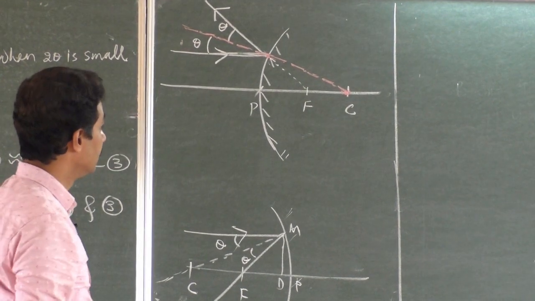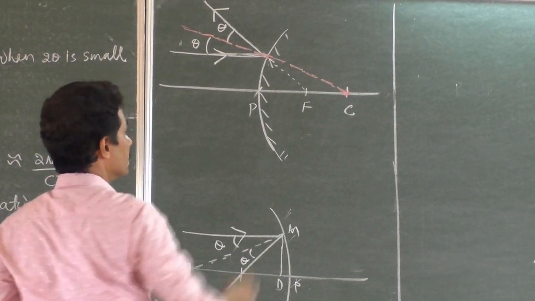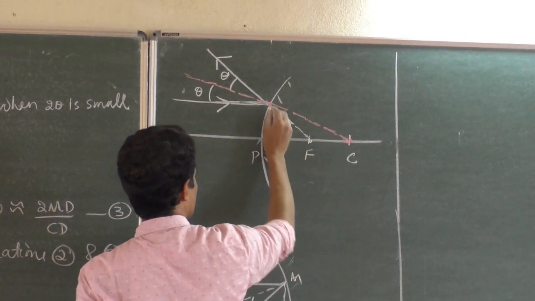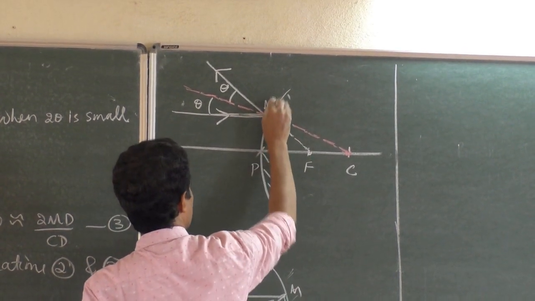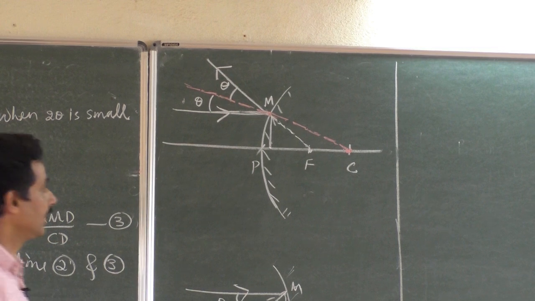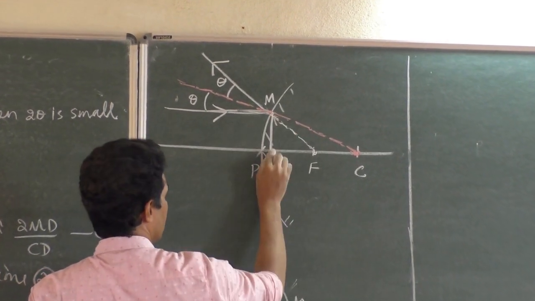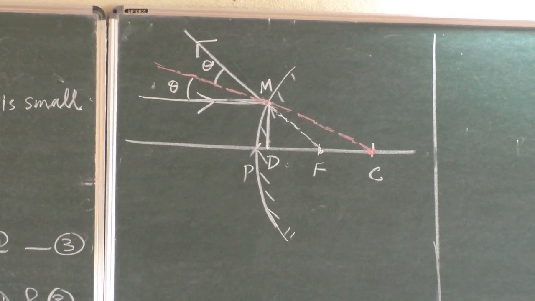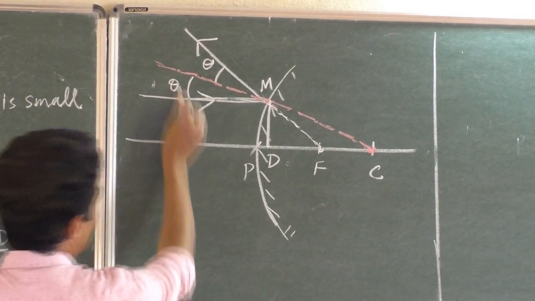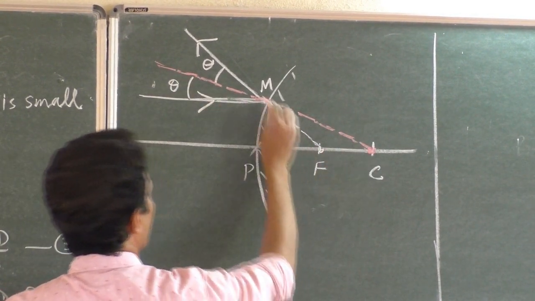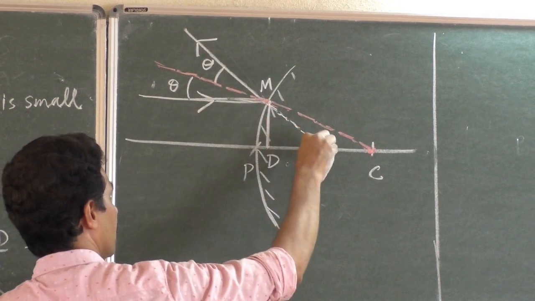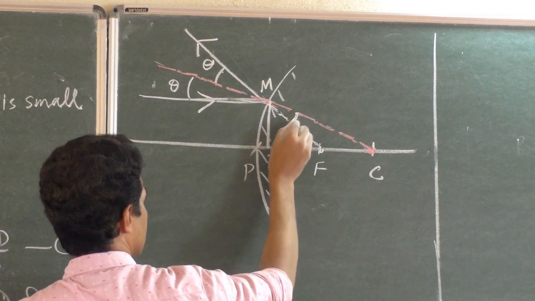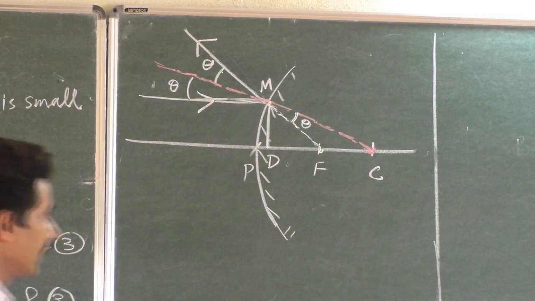Now, this is the direction towards the focus, and this is M, the point where the ray is incident. This is the normal drawn to the principal axis, MD. Now try to get theta and 2 theta. You see a straight line, the normal, and the reflected direction. This one proceeded here, this is theta. This should be theta, correct?